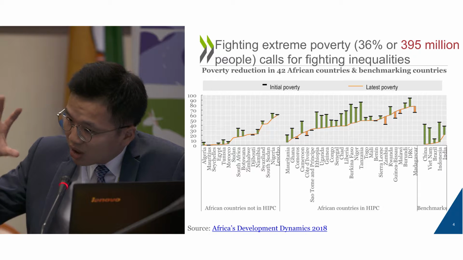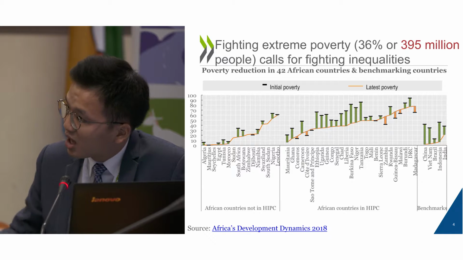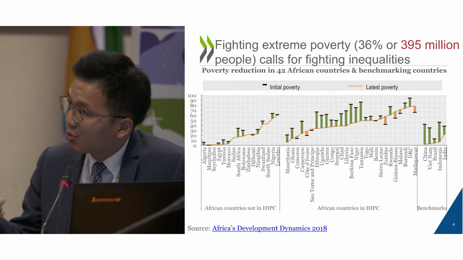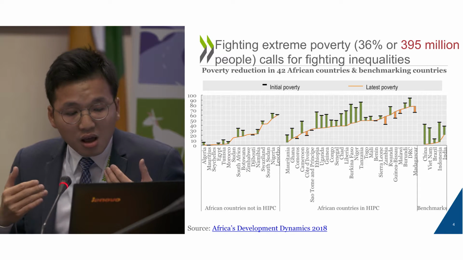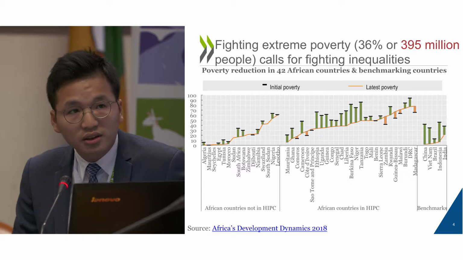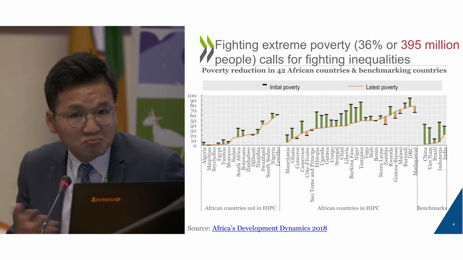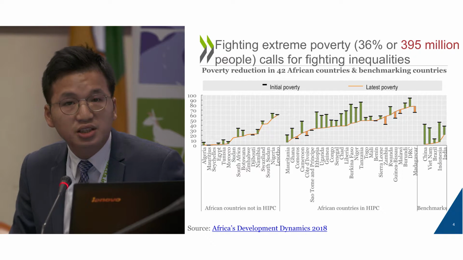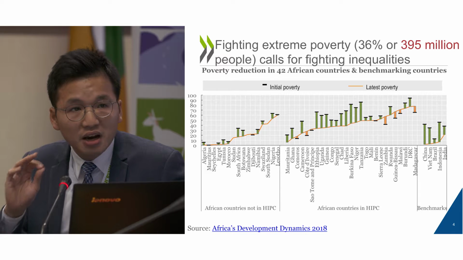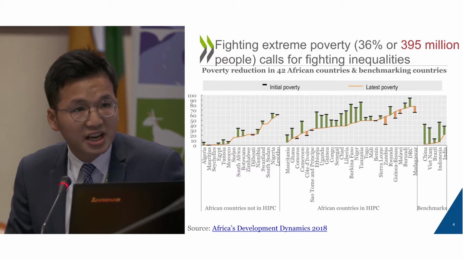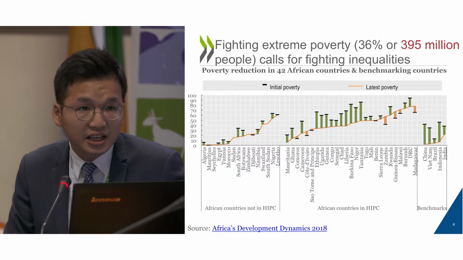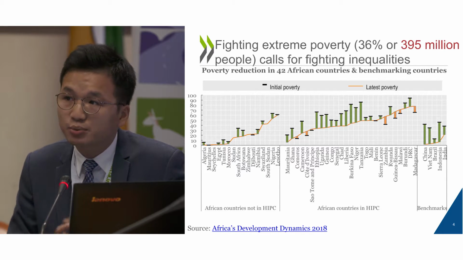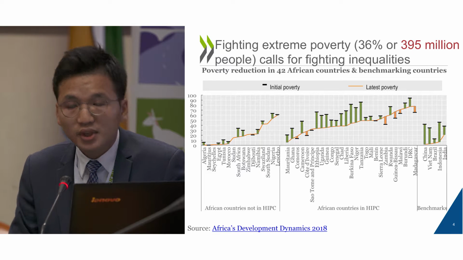These countries have reduced poverty to a similar level as we see in very fast-growing Asian countries like China, Vietnam, or Indonesia. But as we move further forward, there are a number of problems. First, the challenge is still very high. 36% of the population is still living in absolute poverty. The number of people living in absolute poverty has actually increased since 1990, from 280 million to now 395 million people.